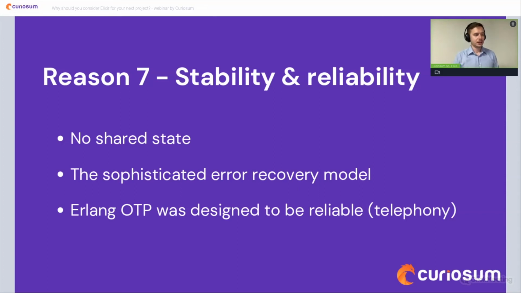Because of that, an Elixir server won't stop if one of the processes breaks, which means that the server will still operate, and the thing that stopped working can be recovered. And it doesn't only apply to web applications, it applies to everything. If you write an Elixir application, you can decide what to do when something breaks.